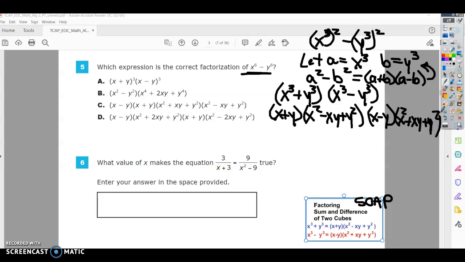All right, so if we look over here, the correct answer is going to be C, because we've got the x plus and minus here. There's those. And then we have the x squared plus y squared. That's here.